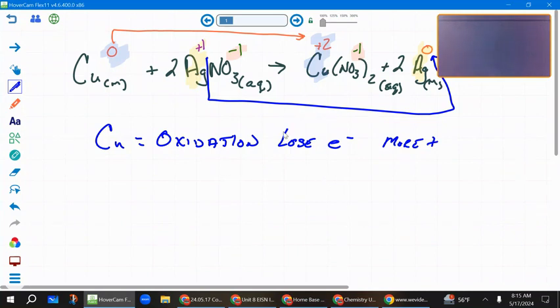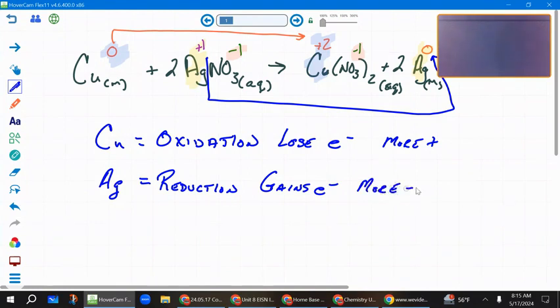So what became more negative? Ag. Ag undergoes reduction. It gains electrons. It becomes more negative. Now, what do we mean by more negative? Well, it went from +1 to 0.